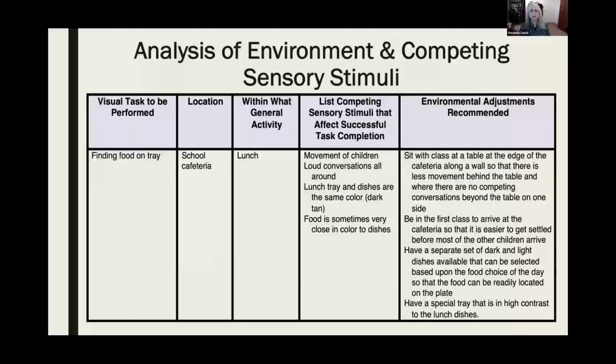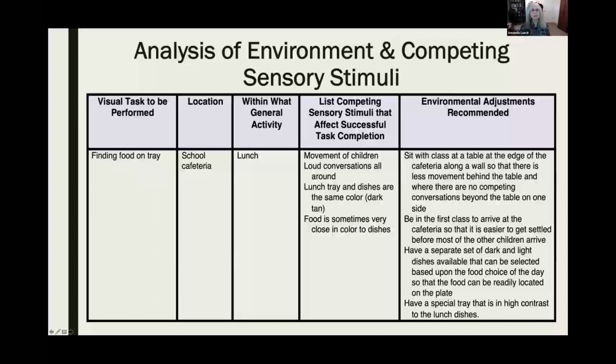Analysis of environment is another thing that we need to think about for children with CVI. A simplified way of looking at this is Envision in the Brain, where you look at the visual task to be performed, the location, within what general activity, list competing sensory stimuli that affect successful task completion, and environmental adjustment that's recommended.